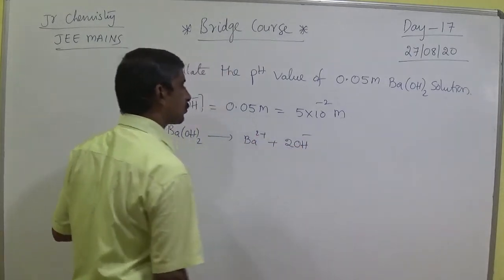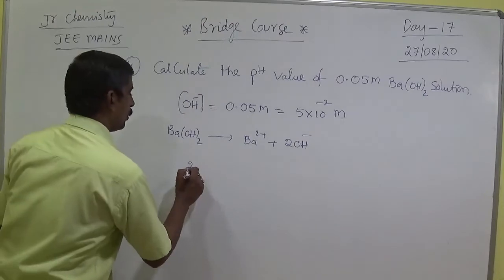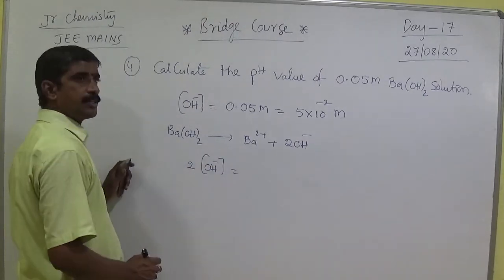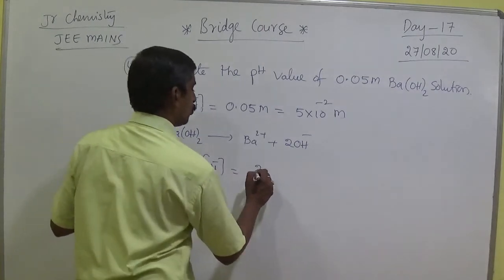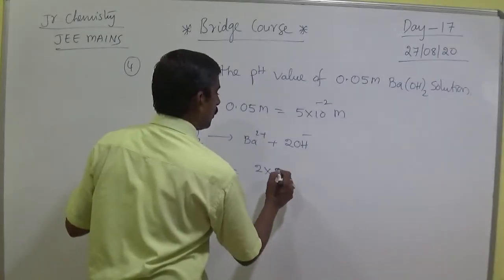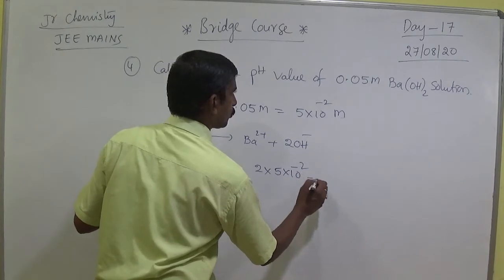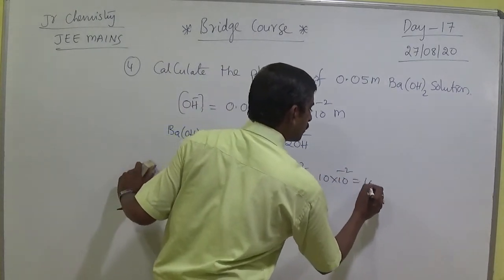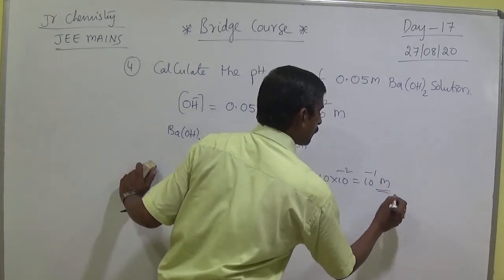How many OH minus? 2 OH minus. So 2 into the OH minus concentration means 2 into 5 into 10 to the power minus 2, that means 10 into 10 to the power minus 2, that means 10 to the power minus 1 molar.